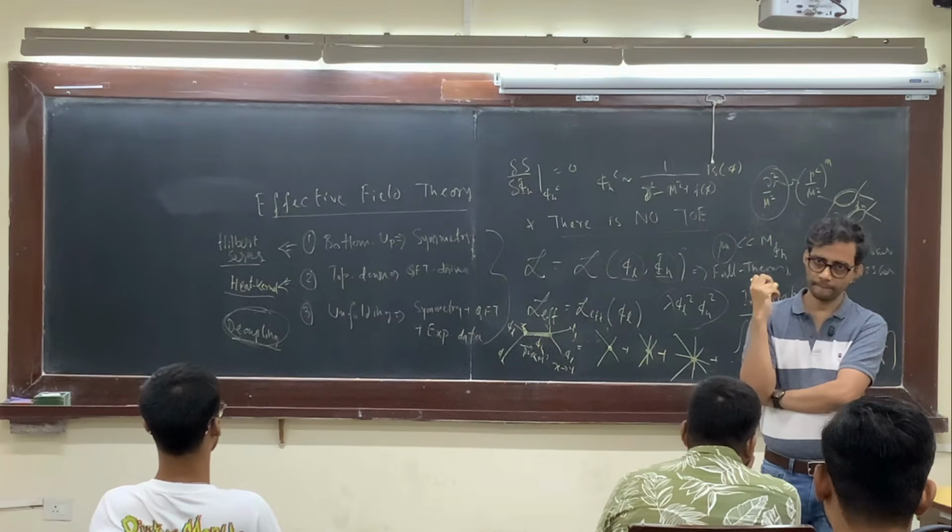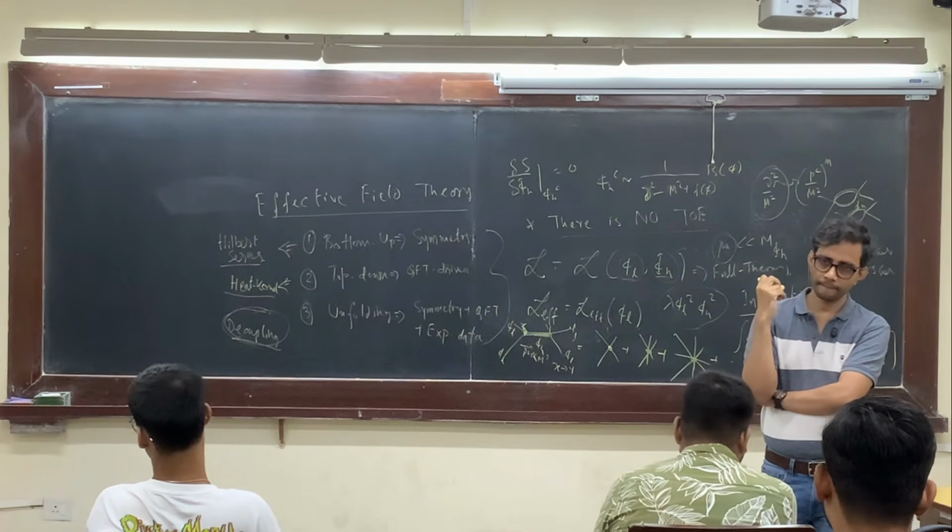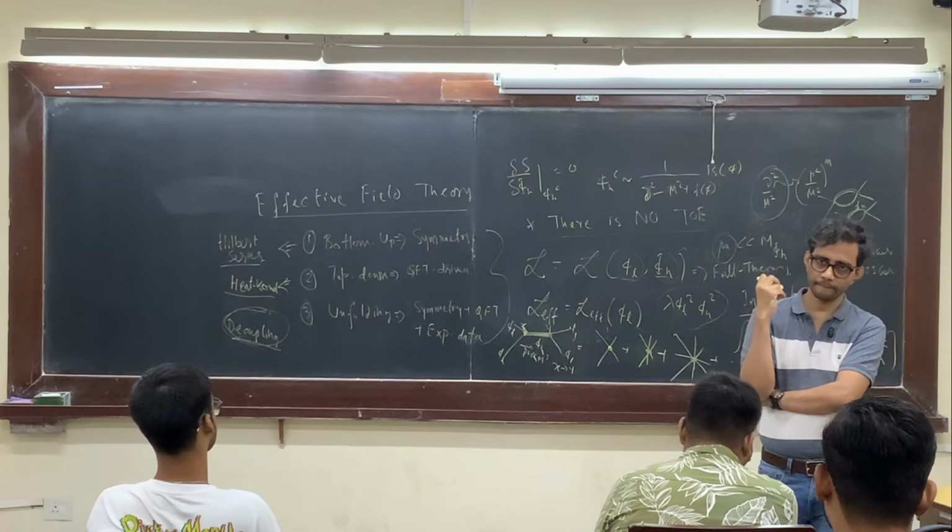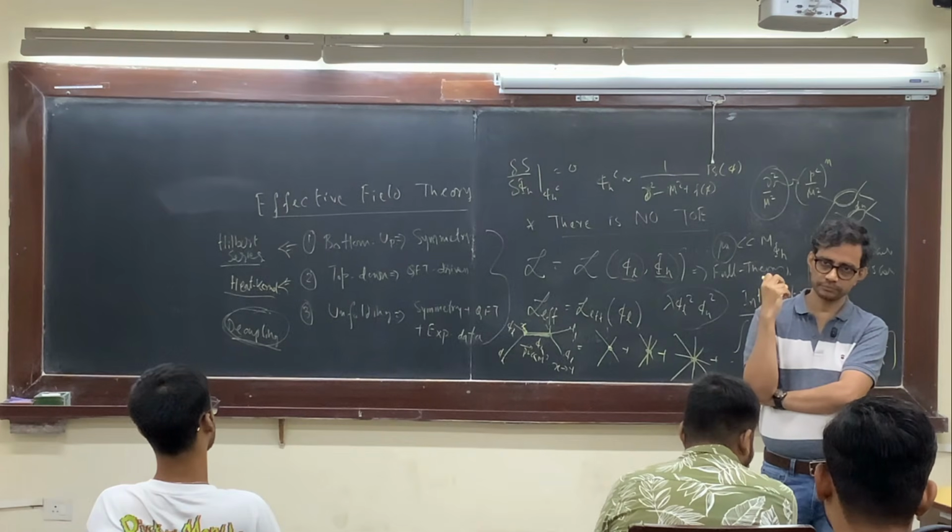I used to think that this arose because of the fact that this theory was an approximation of a full UV theory, which would be the theory whose Lagrangian is described by all the terms that we generate.